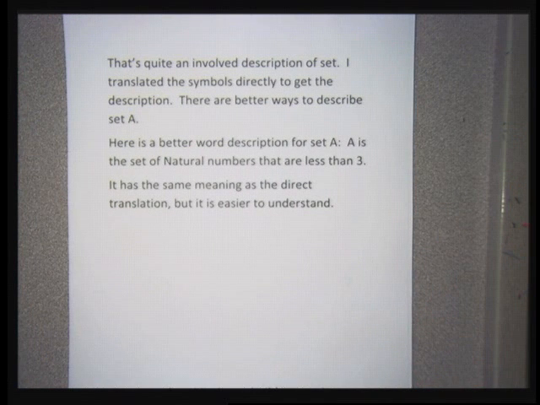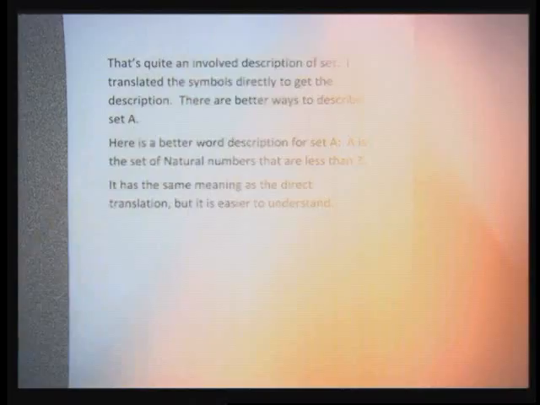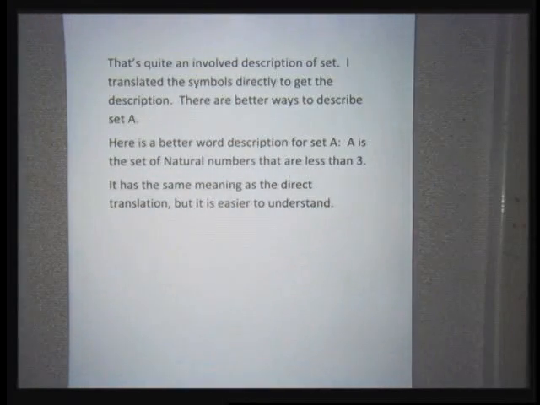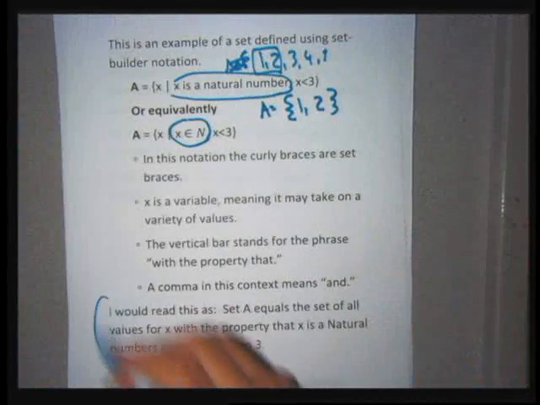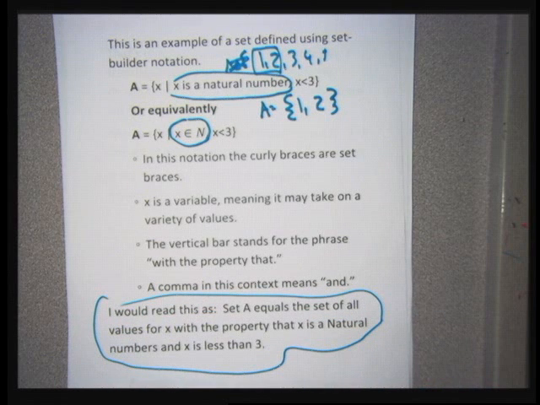What do I have here? That's quite an involved description of the set. Oh, so on the last problem, when I wrote this stuff, I tried to write it so if you were reading without my lecture, you can just read it and not watch the video, which I don't know how believable that is. But I took this set and I read it literally, and reading it literally actually produces a word description of the set.